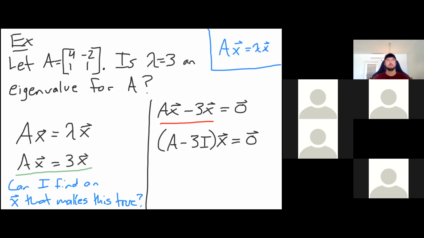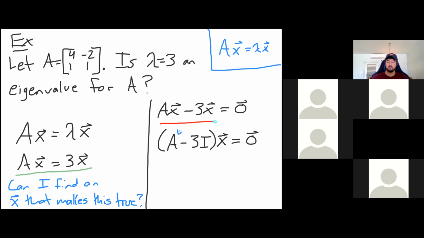So it seems like that I is randomly appearing, but it's appearing because that's my identity element for matrices. So when I distribute back through this x vector, 3 times the identity times the x vector, well, identity times anything gives me that anything.